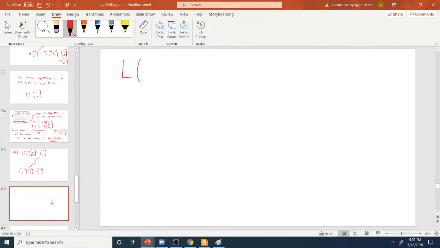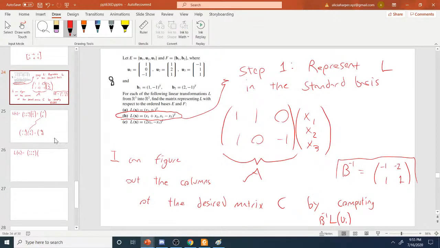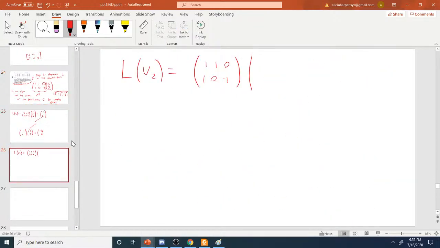Next I compute L of U2. This is the matrix 1, 1, 0, 1, 0, negative 1, multiplied through by 1, 2, 1, which is just going to be 3 here, 0 here.